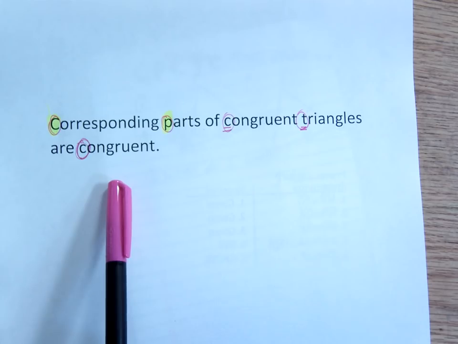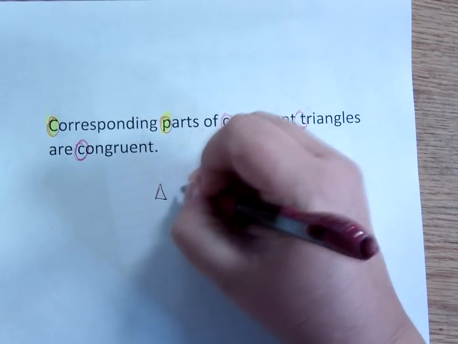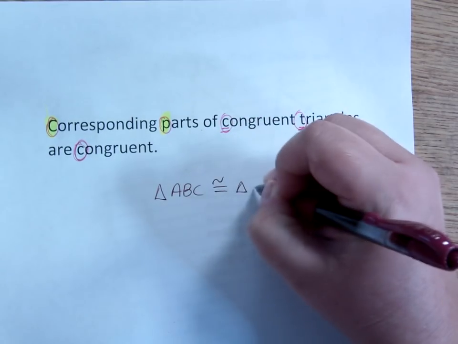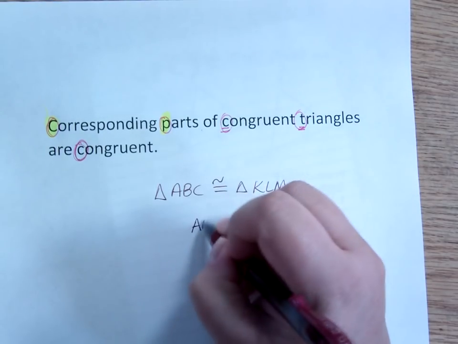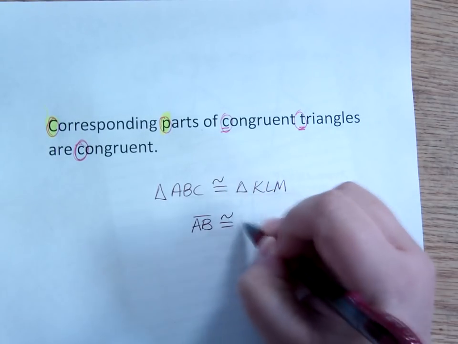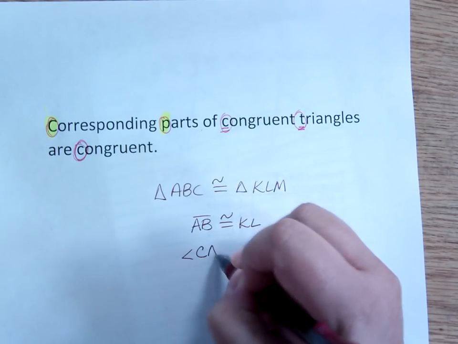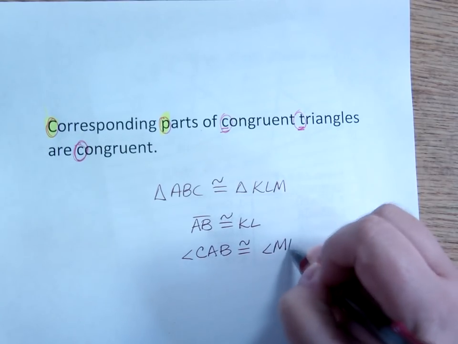It's just like when we very first started talking about triangle congruence, we said, if this is true, then that means that AB is congruent to KL, or angle CAB is congruent to angle MKL.